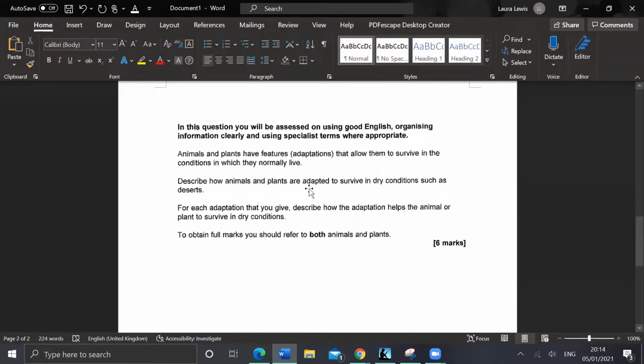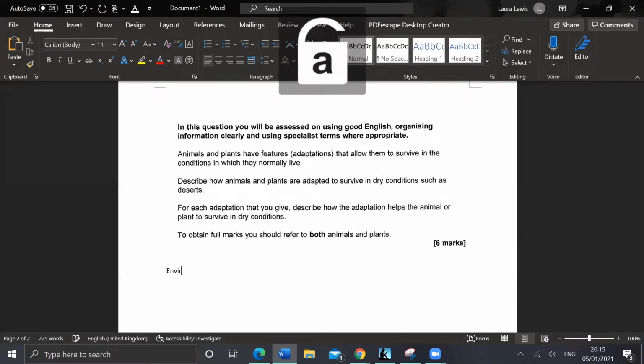Okay. Right, so let's think about again, so a summary of what we asked. So it's about environment this time, isn't it? It's not predators, it's environment. Okay. So environment, so how both, it says there, so it says to obtain full marks, you should refer to both animals and plants.